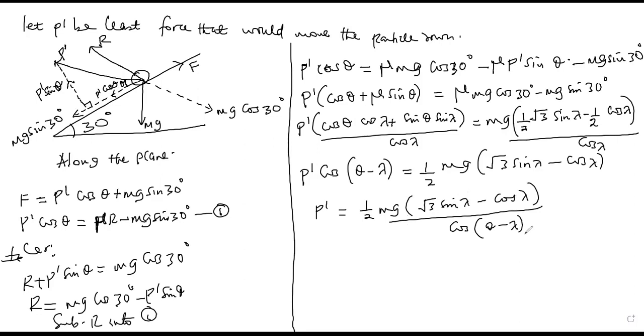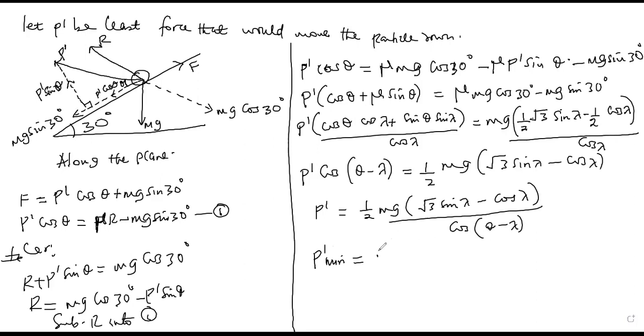But if you are to get the minimum force, or the least force, okay? So the least force, let me call it the minimum still, it's going to be equal to, this one will be 1.